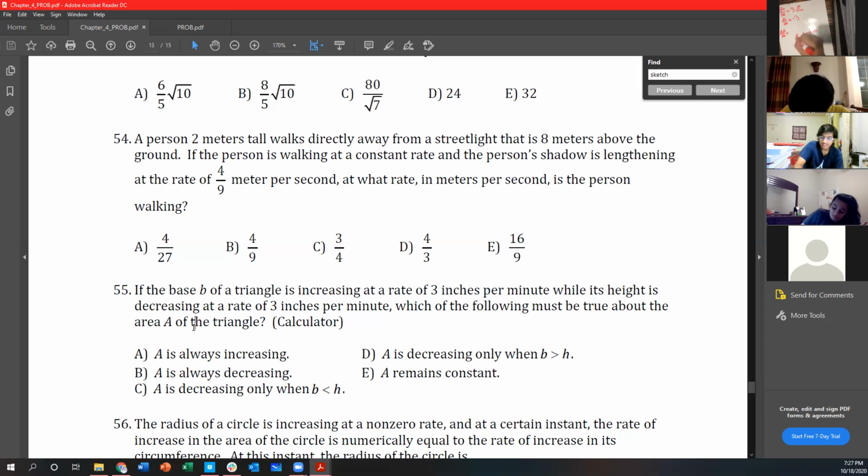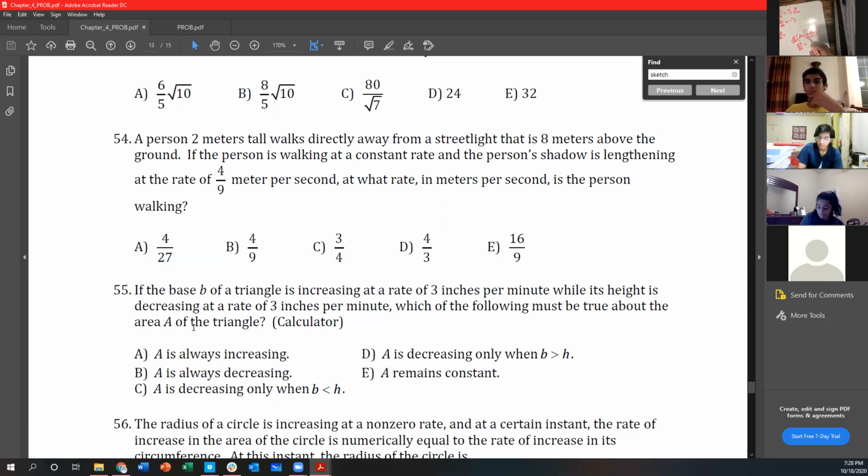If I take d dt of both sides, I'm going to get dA dt equals, well, how do I figure out d dt of this side? What rule do I use? Product rule. So I'm going to take half b to be one function and h to be the other function.